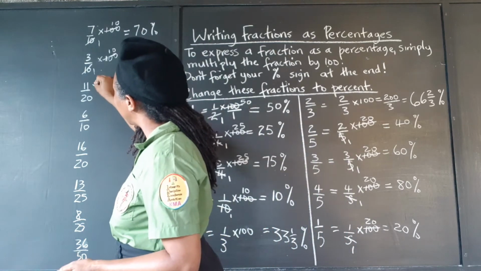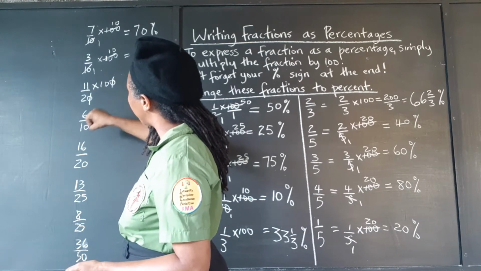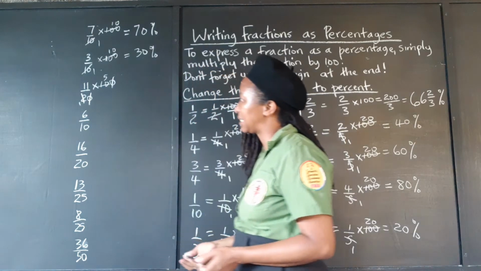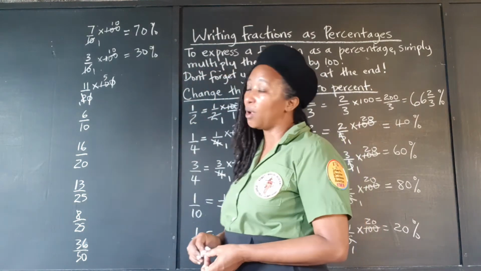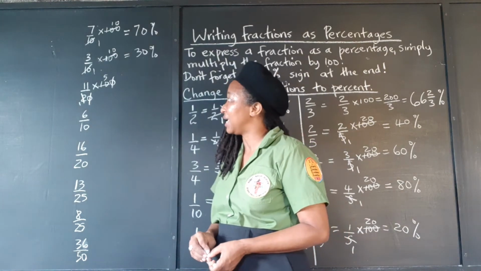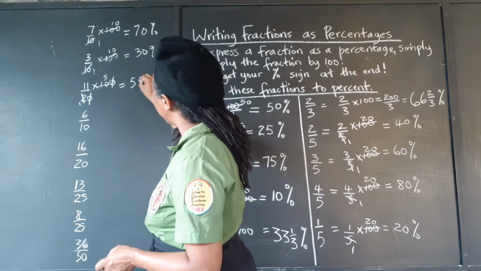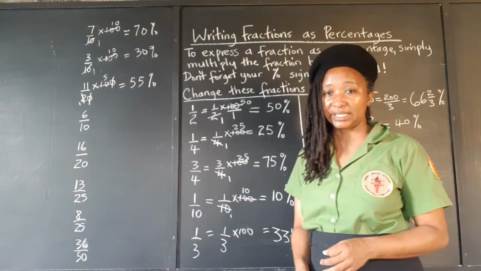11/20, multiplying this by 100, cancel our zeros, 2 into 10, 5, or we could just have said 20 goes into 100 5 times, and now we multiply the numerators. 11 times 5, that's 55. So 11/20 is 55%.